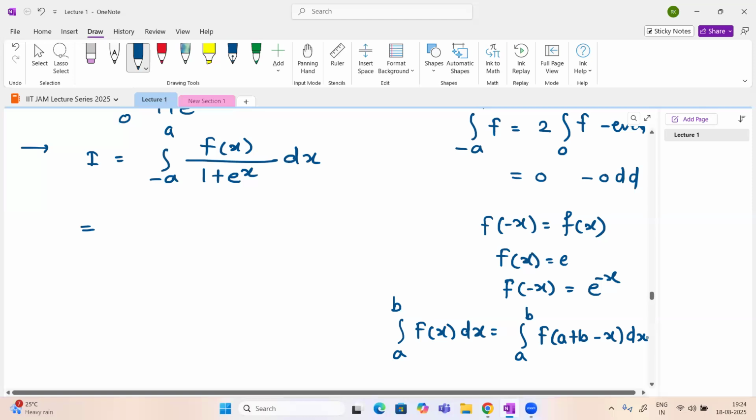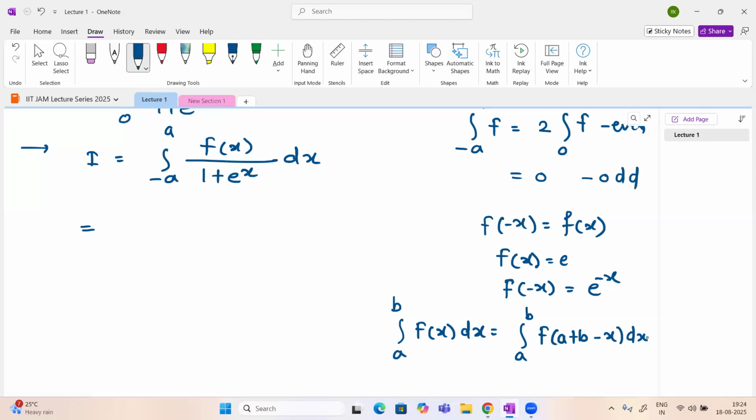Here, a to b are the integration limits, but here we have minus a to a. So what will happen if I use this property? Minus a to a, f of upper limit plus lower limit, but the lower limit has a minus sign, that's why a minus x. Agree with me?